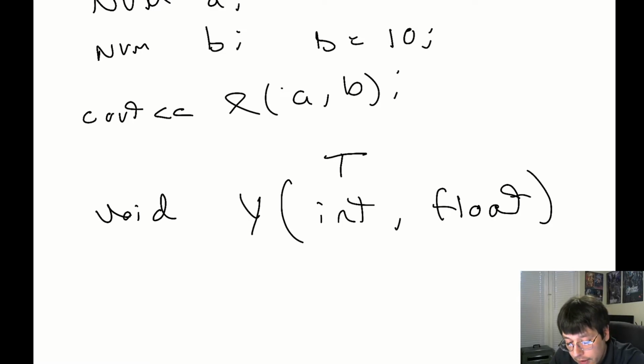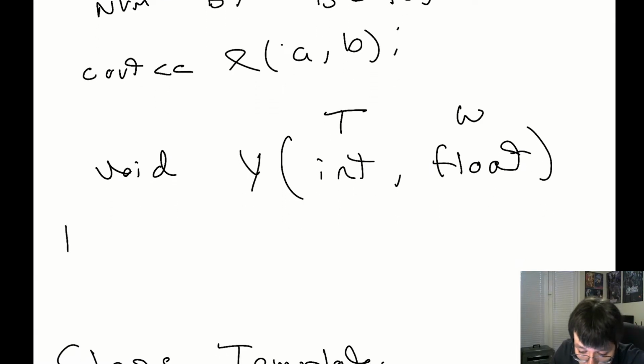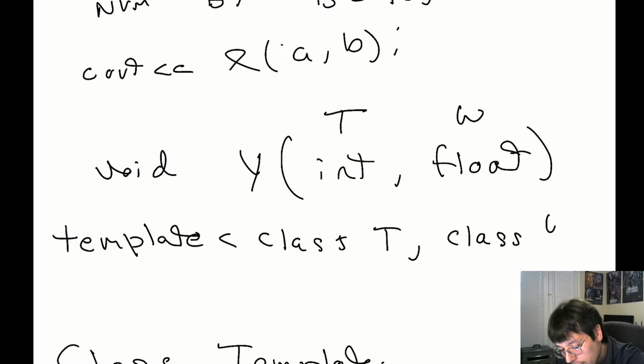But if that's something that you're actually trying to achieve, then you can just make this be two templated variables. Like we're going to say T and then, I don't know, actually, let's do the one after T. So that would be W. Okay? So in that case, if you're trying to write the templated function of that, then you would say template class T, comma, class W, and then just write your function as usual.